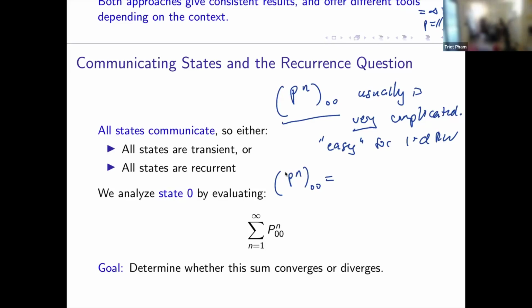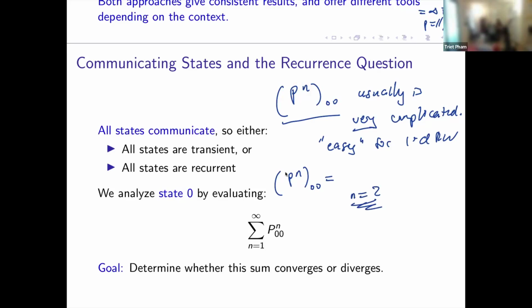Not easy, huh? Okay, let's start small. What's the smallest n we can start with? The smallest we can start at is n equals 2.